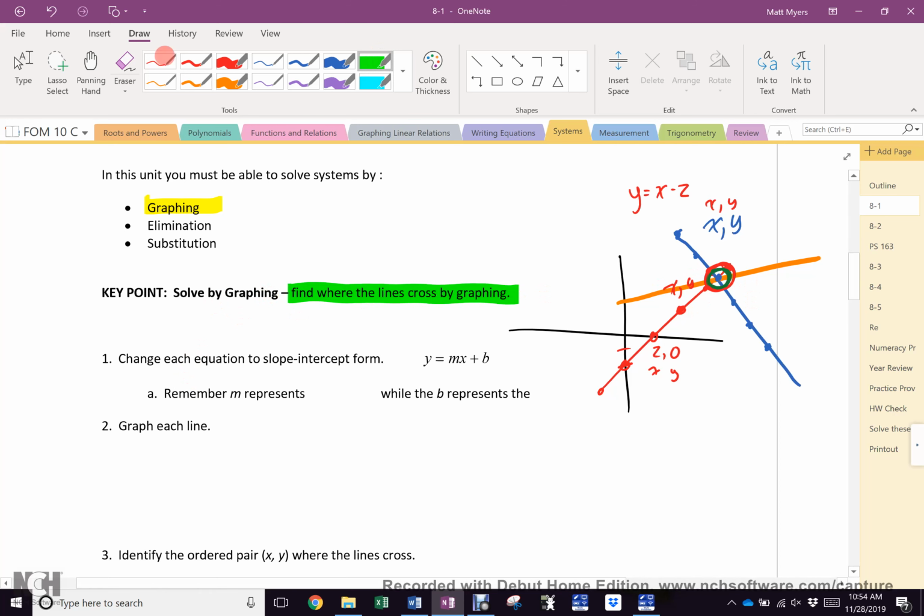So, step one, to graph it, we change to slope-intercept form. M is the slope, and B is the y-intercept. Somebody give me any equation in slope-intercept form. Just say one.